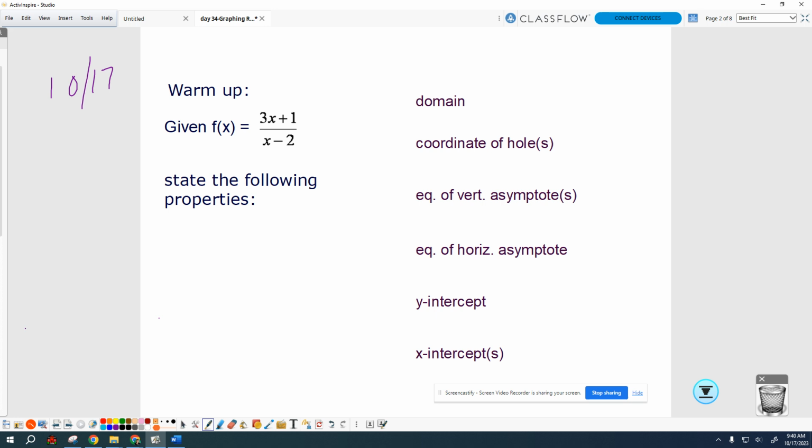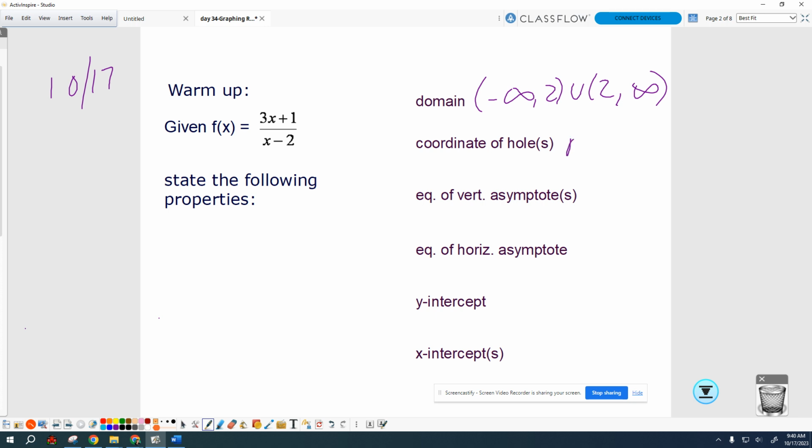Okay, so David, do we need to factor? No, it's already done. Okay. Nana, given that, what's the domain? Negative infinity to 2 and 2 to infinity. Perfect. Mara, what would be the coordinate of any of the holes?